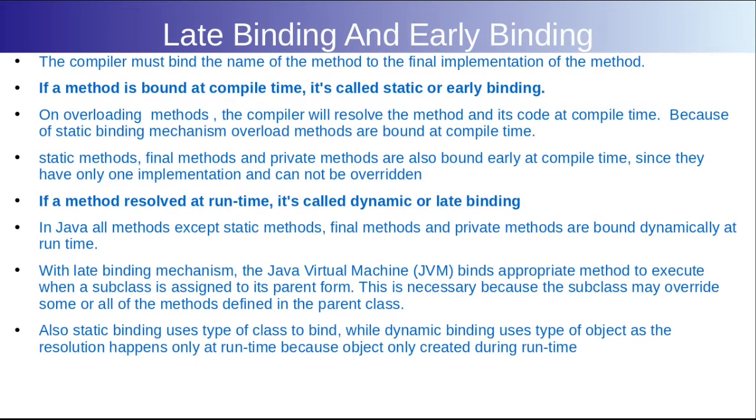Also, static binding uses the type of class to bind, while dynamic binding uses the type of object, as the resolution happens only at runtime because the object is only created during runtime. Dynamic binding is slightly slower than static binding. Go to code and see.